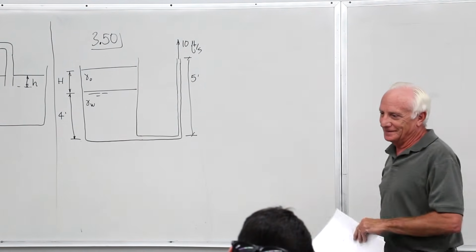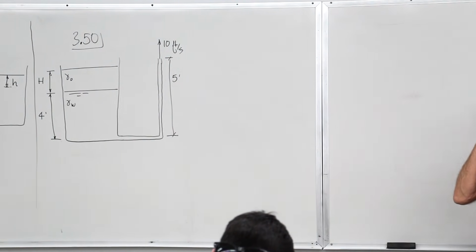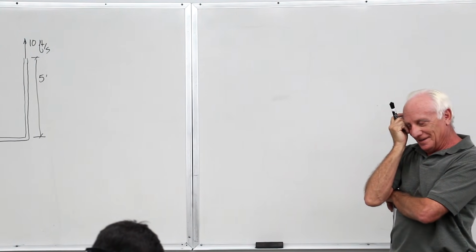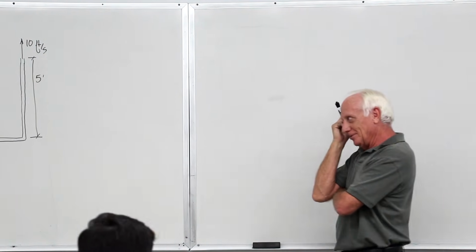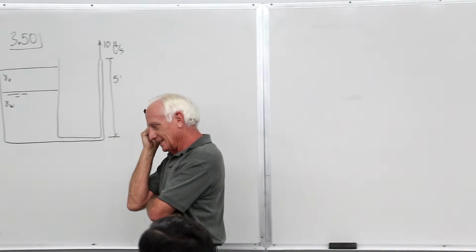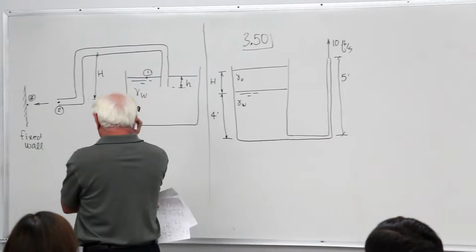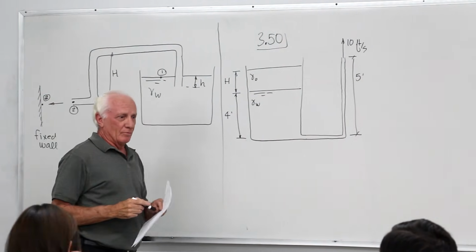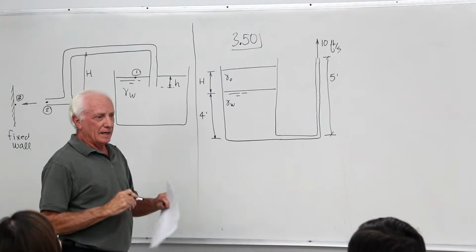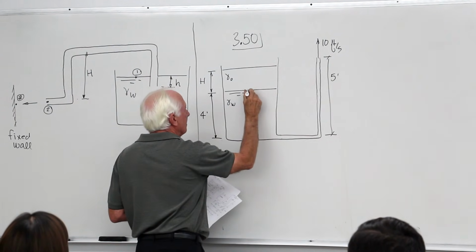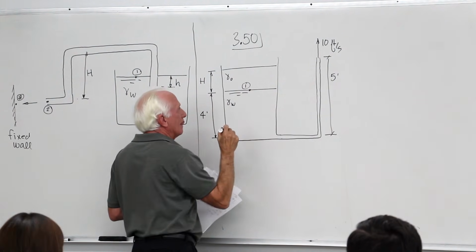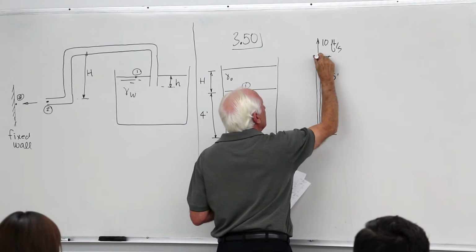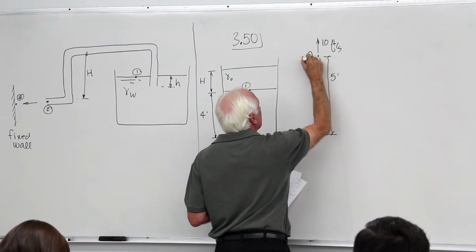You have to assume it's incompressible, steady state, and inviscid. When you make those assumptions, then you can write Bernoulli's from point 1 to point 2. You have to put point 1 and point 2 somewhere. I choose to put point 1 here and point 2 right here.